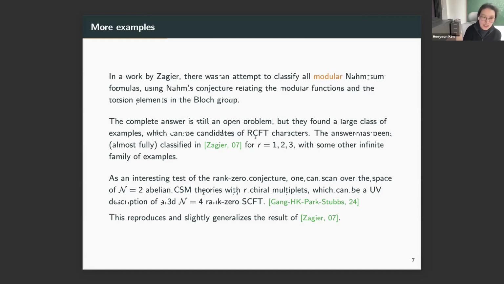Can it indeed be the candidate description for the UV gauge theory that flows to the 3D N=4 rank 0 SCFTs? And we have checked that this in fact reproduces, and in physical picture slightly generalizes, the result of Jagadale and Newton.